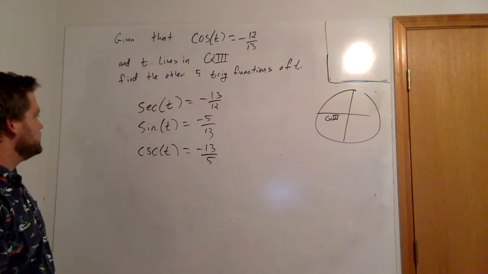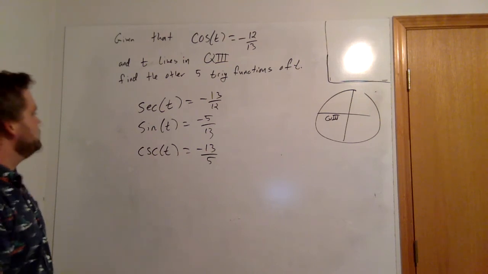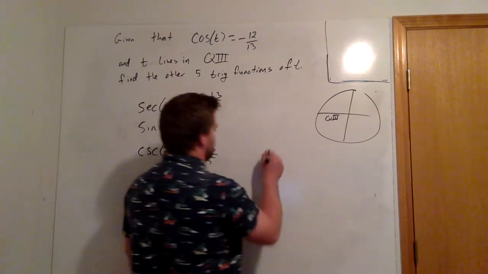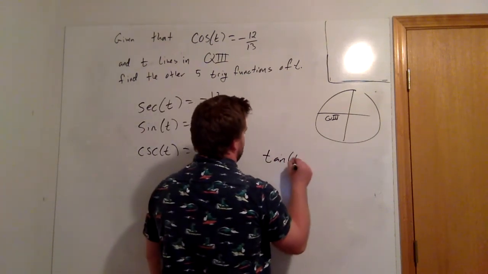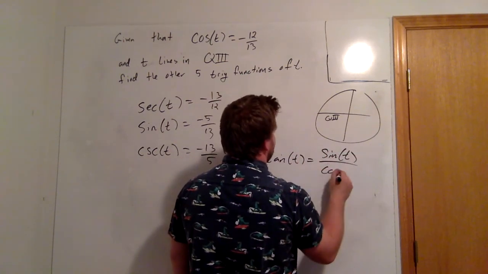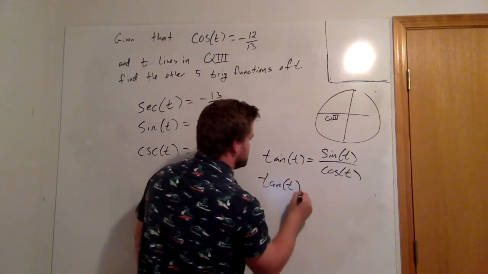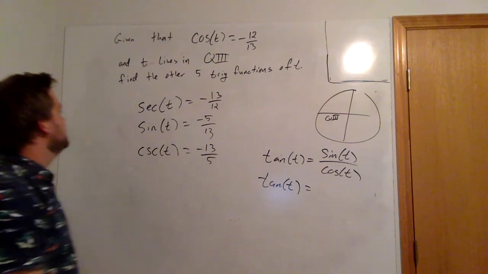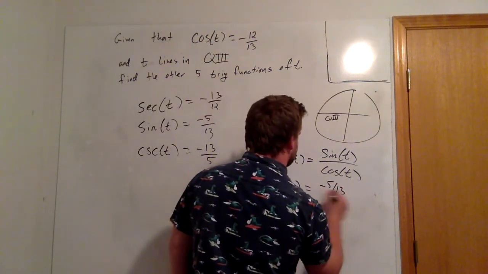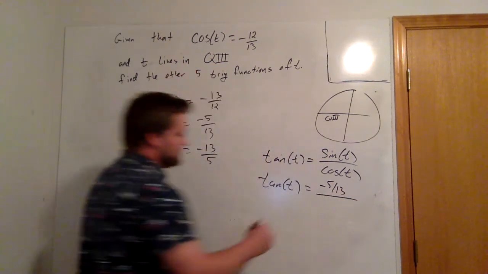Okay, so let's find the other ones. Let's find tangent. We could use a Pythagorean identity here if we'd like, but remember tangent is the same thing as sine of t over cosine of t. Sine of t is negative 5/13 and cosine of t was given to us as negative 12/13.